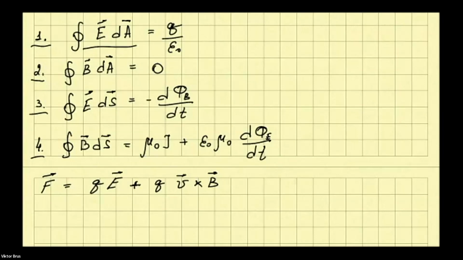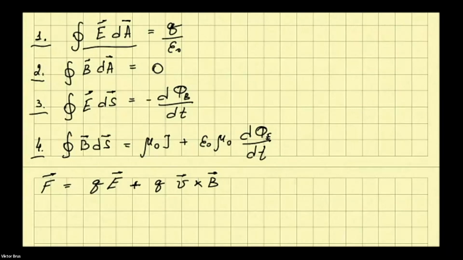But equation 4 provides us with two sources of magnetic field. The first is the conductivity current, and the second is the time-varying electric field. So, the same way as the conductivity current, as mobile electric charges, because the conductivity current is defined by moving electric charges in space.